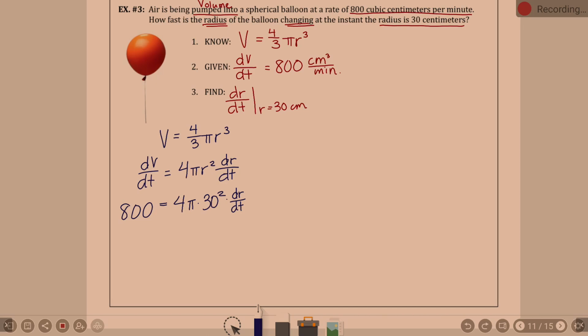What is 30 squared? 900. 900 times 4. So right here I have 3,600 pi times dr dt, and that's equal to the 800. And I'm not saying you can't use calculators, I'm just trying to get you to use your brains here, okay?